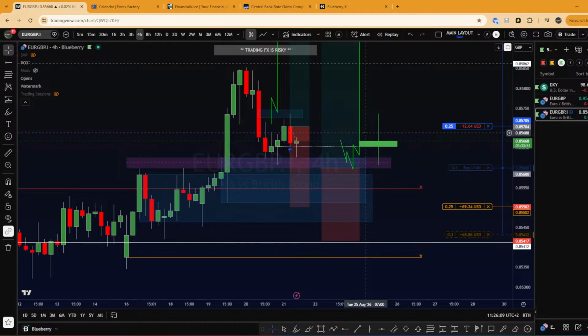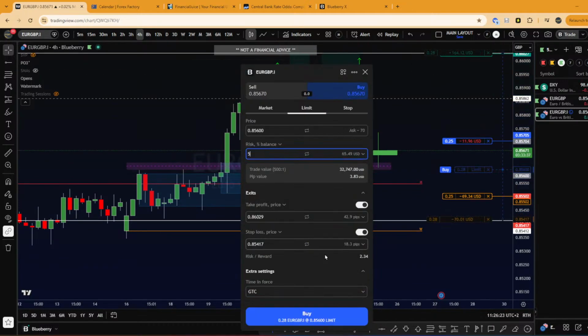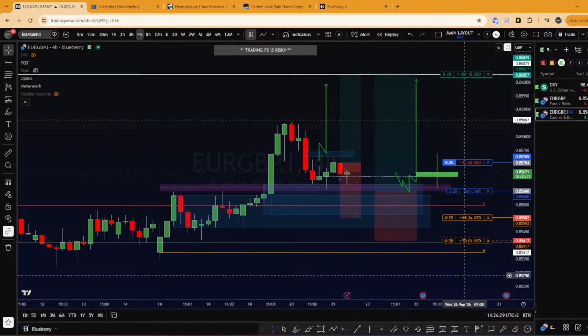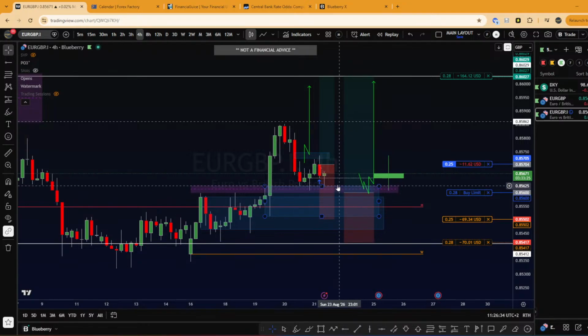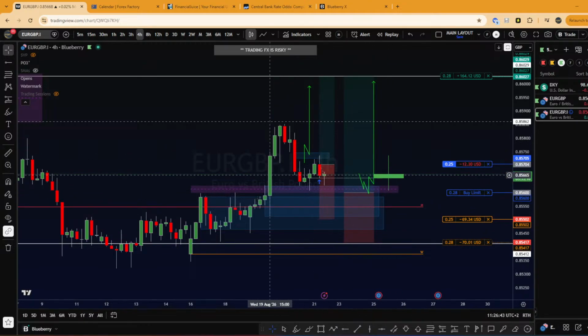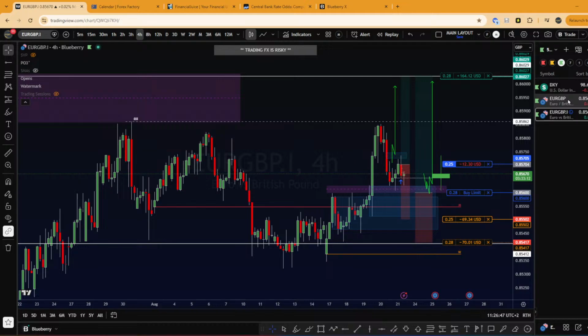So readjust the trade. That's it. So in case we drop even lower, I will buy again here with a larger stop loss, a better risk reward, I think. Okay, so that's it.